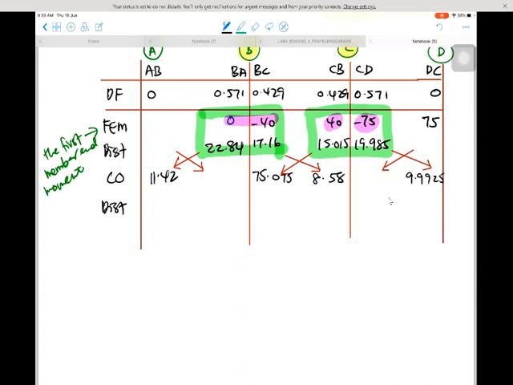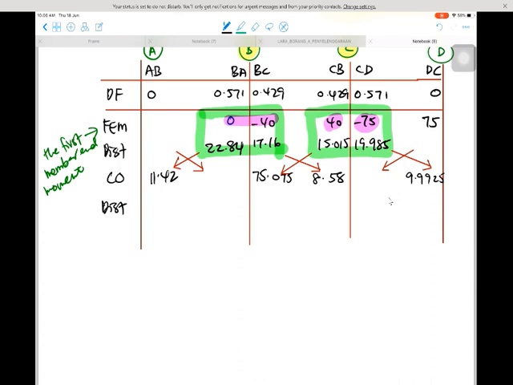So 11.42 times 0, there is no value. Now the joint moment at B is negative 7.5075, because now we can see that it is positive, and remember that the joint moment is opposite with the member end moment.